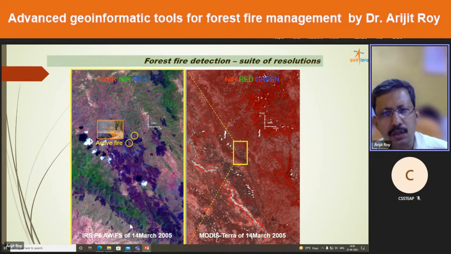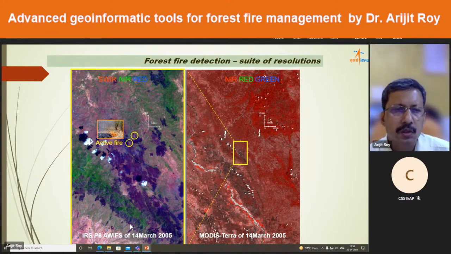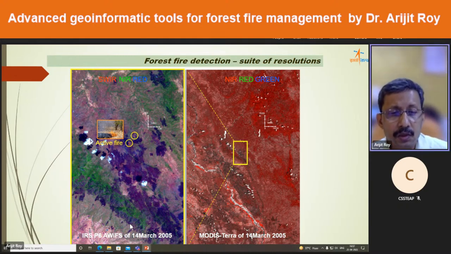One team was in the lab, which was analyzing the MODIS data. Another team was on the ground, of which I was a part. On that day, on 14th March of 2005, when the thermal signature was detected by the MODIS Terra satellite sensor, this information was relayed to us on the ground, and we went to the location to see whether it was actually burning or not.